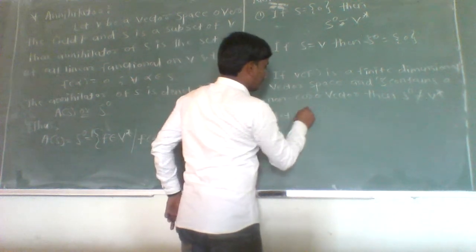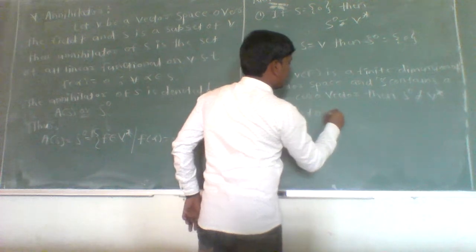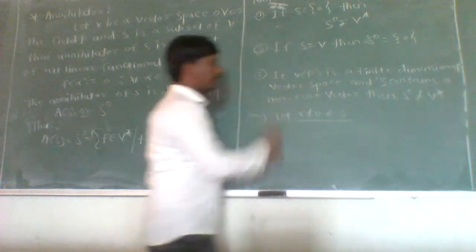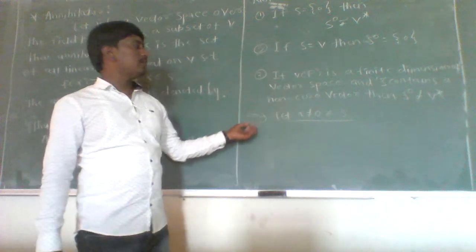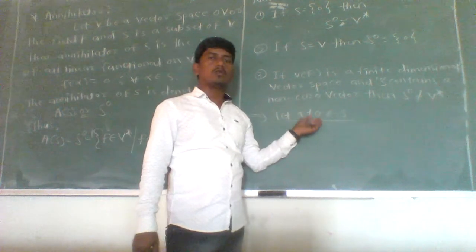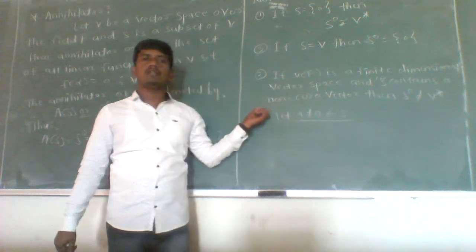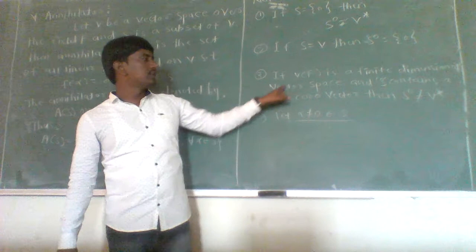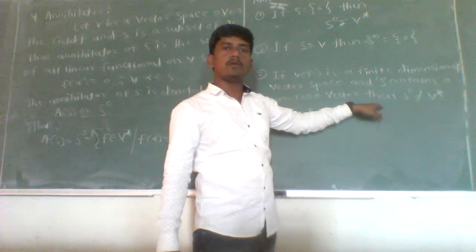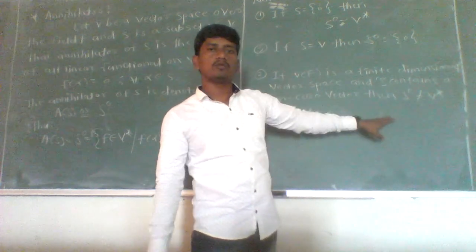Let alpha not equal to 0 be any member of the set S. Again, we know that if V is a finite dimensional vector space over the field F and alpha is any non-zero element in V, then there exists a linear functional f on V such that f of alpha is not equal to 0.